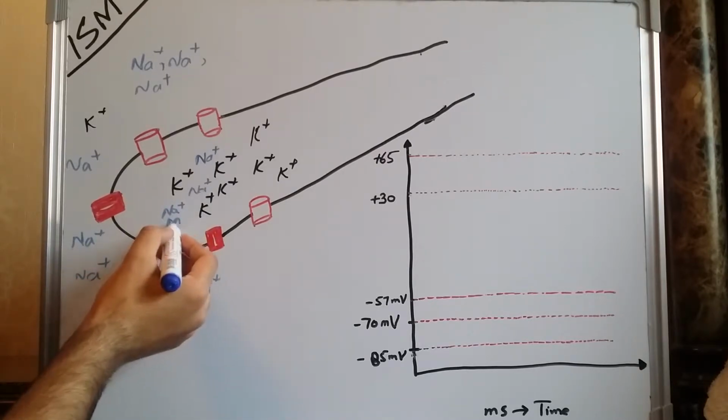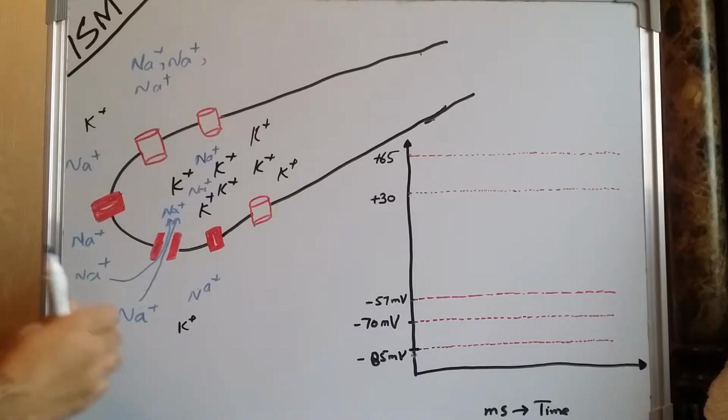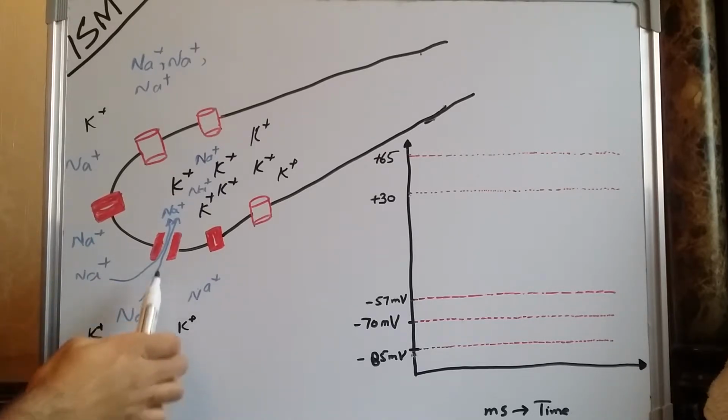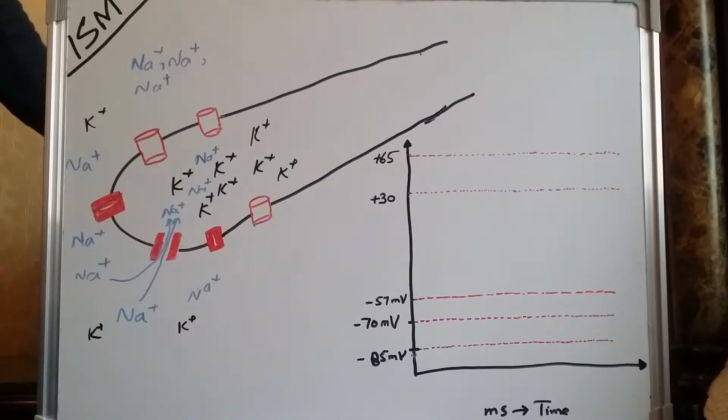These are the mechanically stimulated gates of sodium. Sodium concentration is not enough to generate the action potential. Whenever a small mechanical force is given to this neuron, a small number of mechanical gates open up and a small amount of sodium starts to move inside.